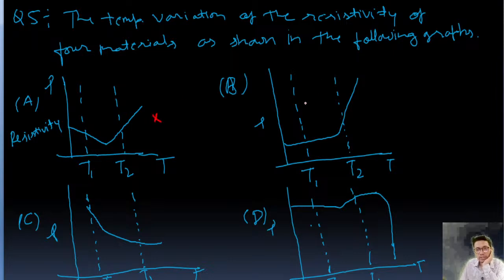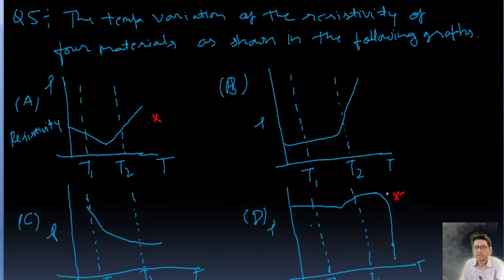Similarly here, there is very little variation, between T1 and T2, and there is a minima as well. So this will also not be considered. These are not good materials for making a temperature sensor.